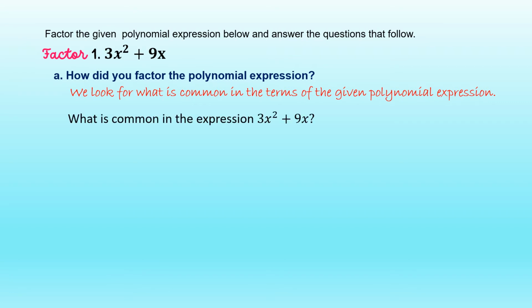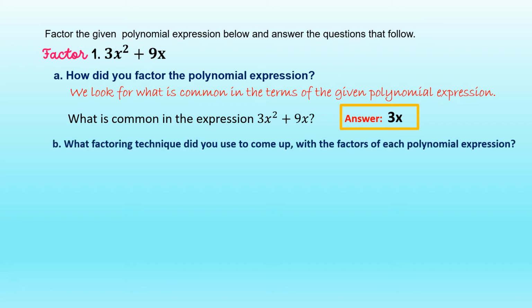What is common in the expression 3x squared plus 9x? We first notice that both terms contain the variable x, and that 9 is a multiple of 3, or divisible by 3. So the common factor is 3x.